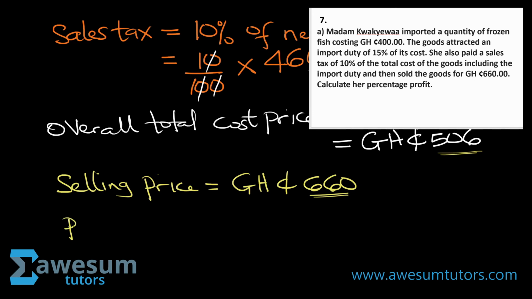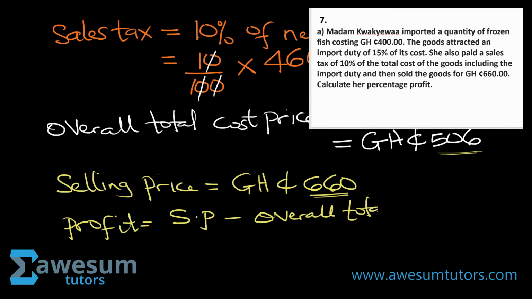What is our profit? The profit is going to be selling price minus the overall total cost price. Now the selling price is 660.